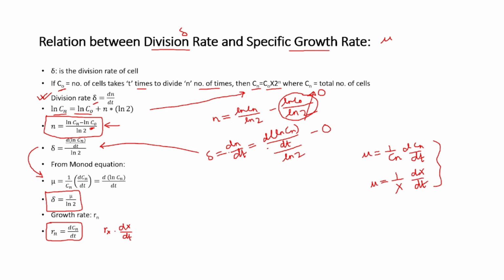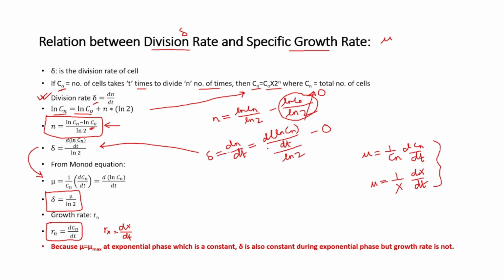Now, we have already seen that in the exponential phase, mu is mu max. Why is mu equal to mu max? The net specific growth rate is defined as mu max minus kd.